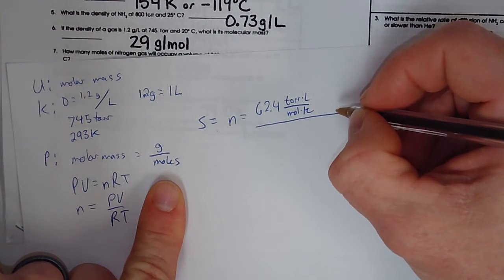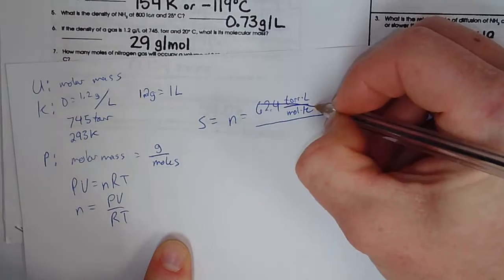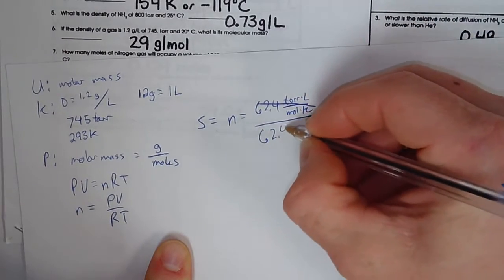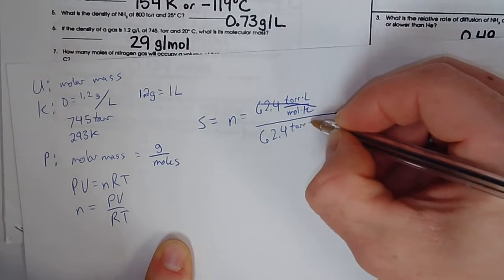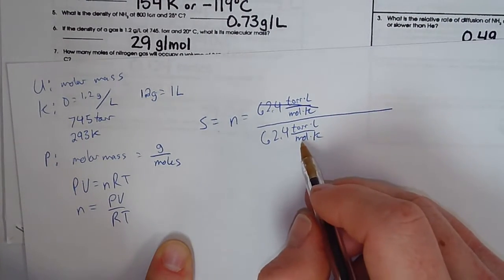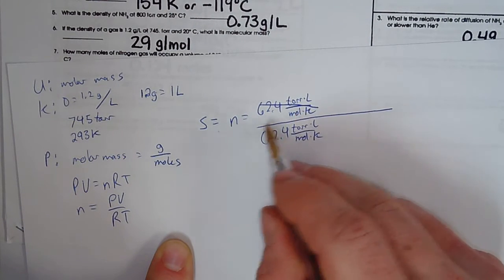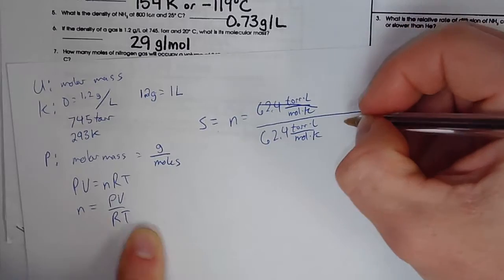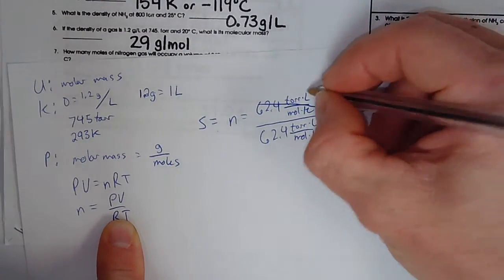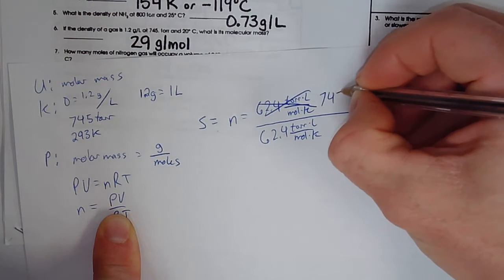And oh snap, I just put that in the wrong place. I caught that because I was paying attention to the unit, and I knew that if I had moles in the denominator up here, it wouldn't end up being the final unit. So I looked again, and I realized, hey, I'm supposed to put the pressure up here. So let's do that now. 745 torr.